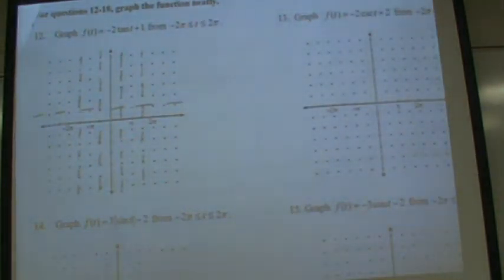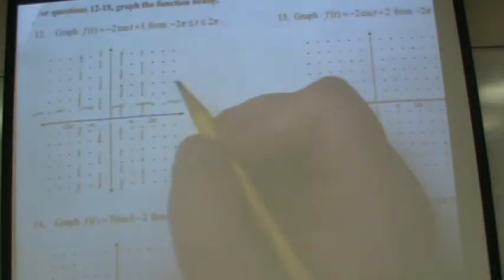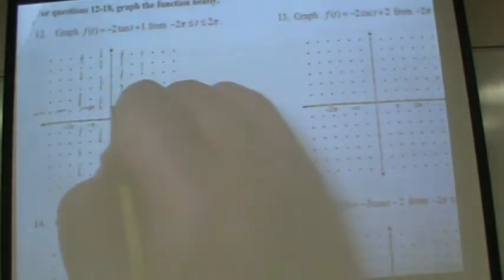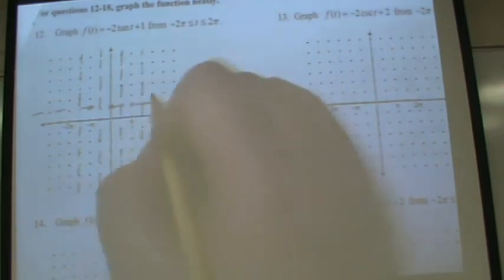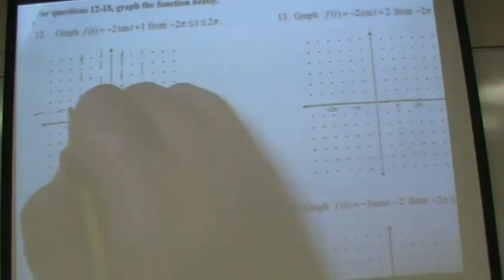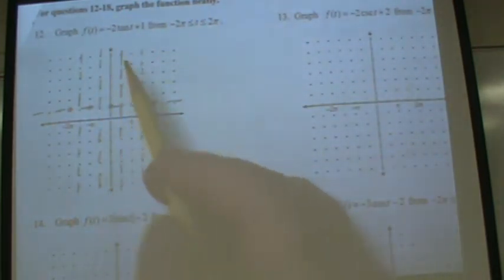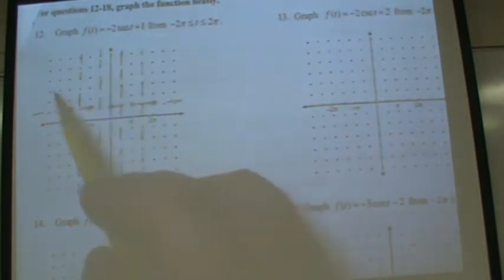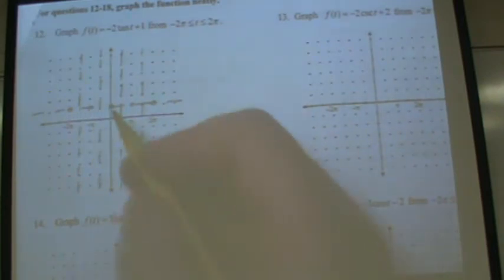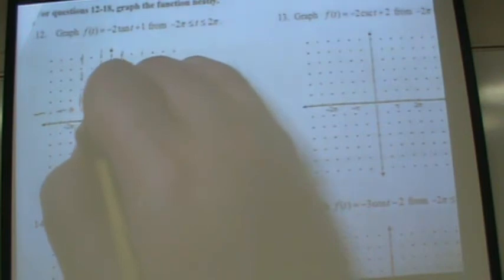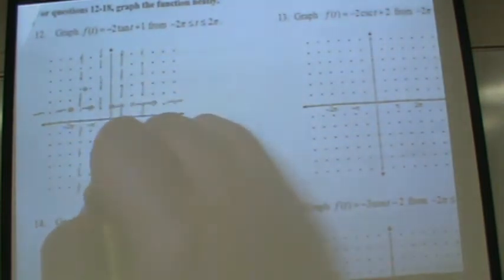So you should have those 4 asymptotes. And then for your tangent curve, you know that it crosses at your x-axis. In this case, we're crossing at our new x-axis. And we have a -2, so this is actually going to reflect it over, and we're going to be up 2 and down 2.